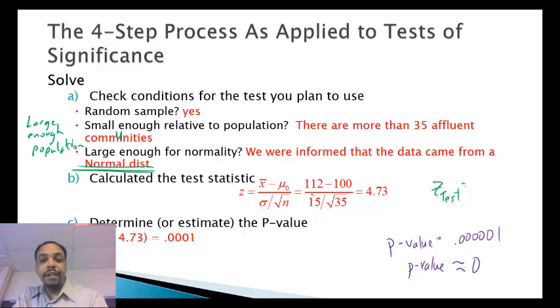So the probability, if in fact those from affluent communities had an average IQ score of 100, then the chance of getting a sample of 35 to have a mean of 112 is almost impossible. So either my data is wrong or my hypothesis is wrong.